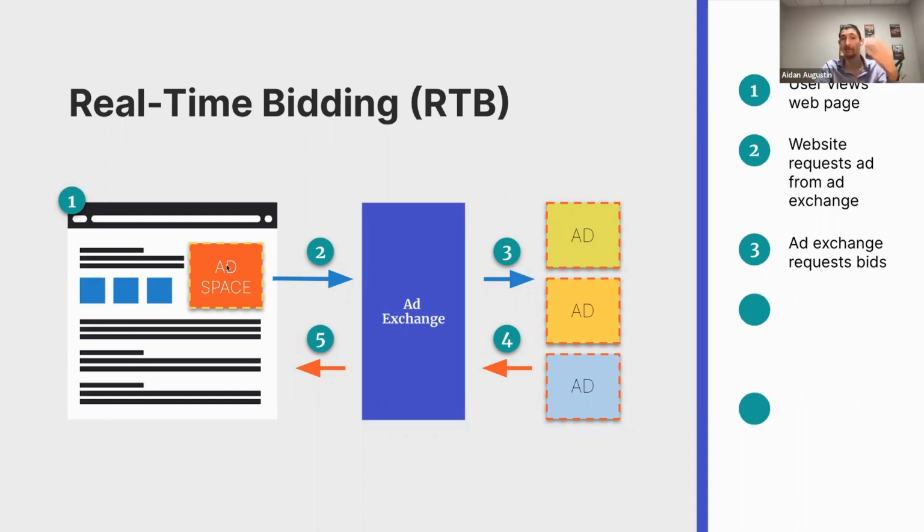And again, this is happening literally while the web page is loading. So in less than 100 milliseconds, an auction takes place. The advertiser bids are put in, and again, the ad exchange is kind of this central place between the website, the supply of ad slots, and the advertisers who are trying to purchase those ad slots.